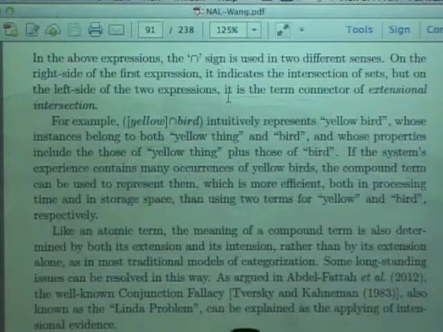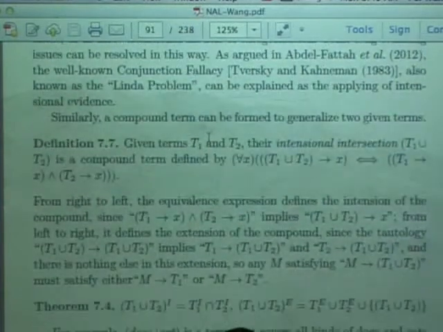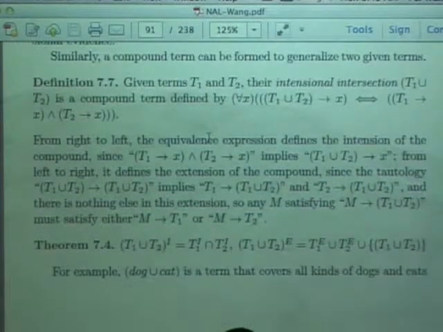So you see how to say yellow bird is something like this. Yellow is an adjective. Then yellow within square brackets is yellow things. Yellow things and bird, you know what's the overlap? That's the thing that is a bird and is also yellow. So that's a compound like this. Then the symmetric situation.